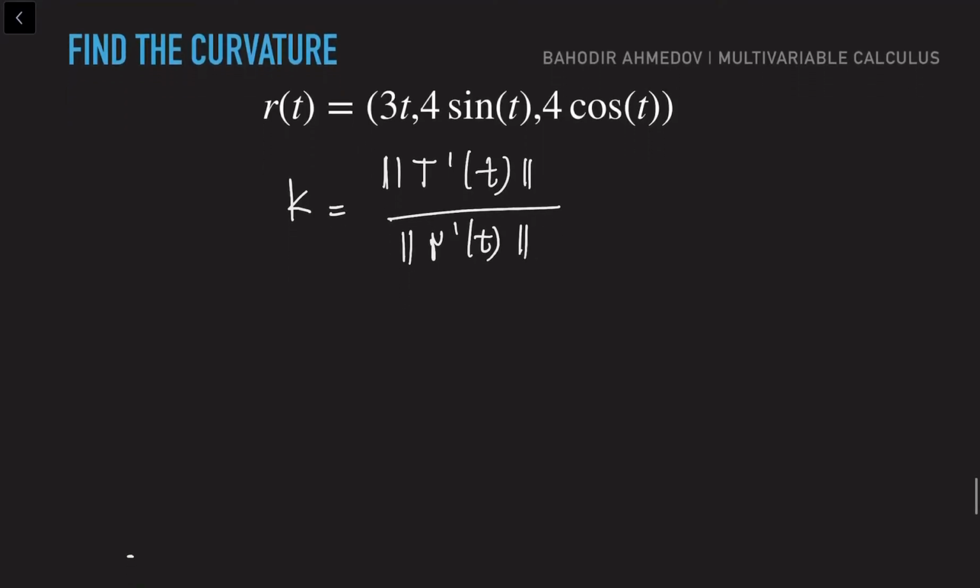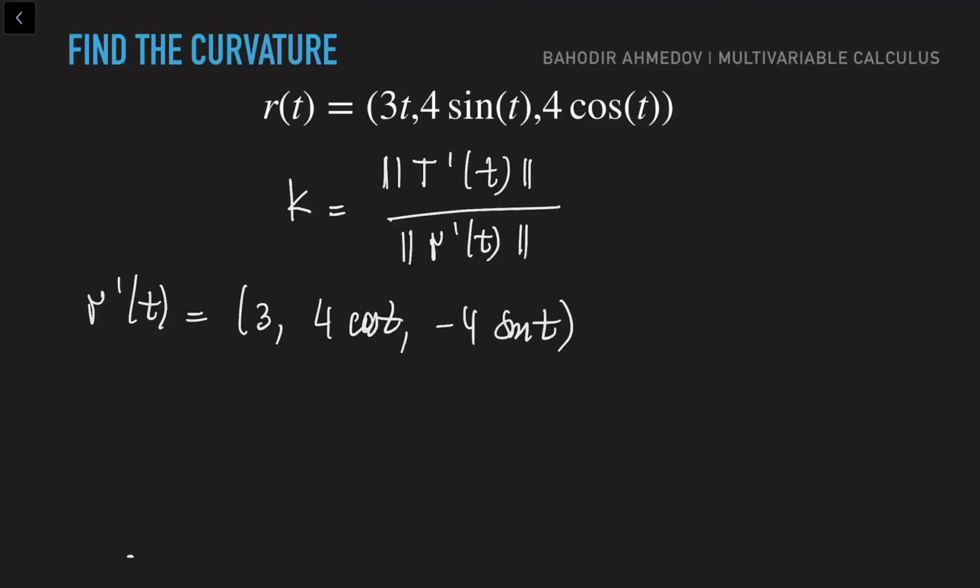So let's find first of all r prime of t. So r prime of t is going to be equal to 3, 4 cosine of t, minus 4 sine of t. So we need to find T, the tangent. So this is the tangent vector. But at the same time, this is the unit tangent vector.